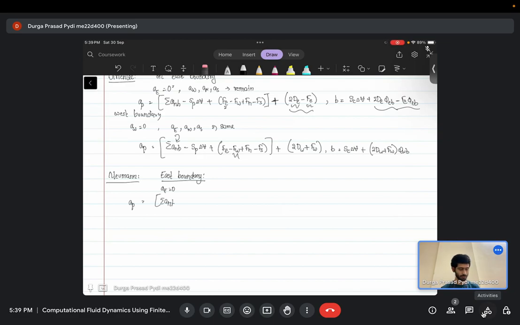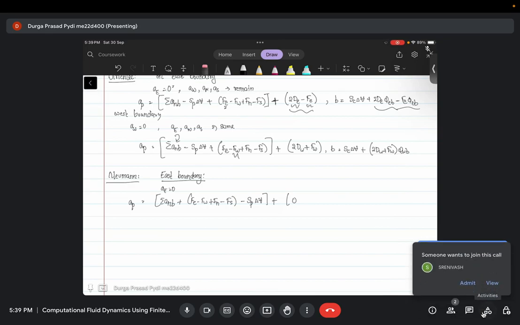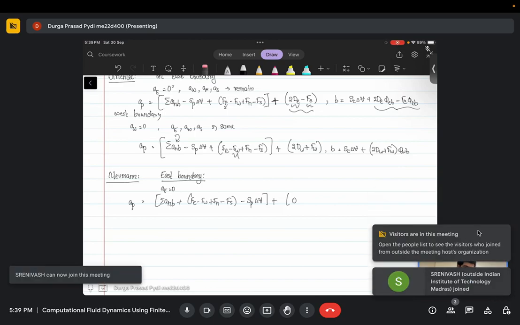So you have sigma A and B plus F east minus F west plus F north minus F south minus SP delta V. Now there won't be any diffusion term coming up because I said the boundary condition is a Neumann condition. The diffusion term will be 0.